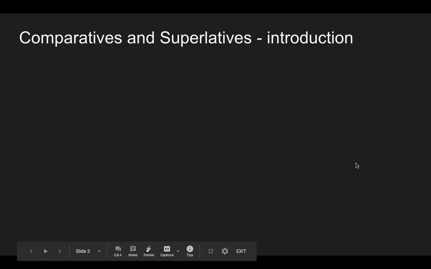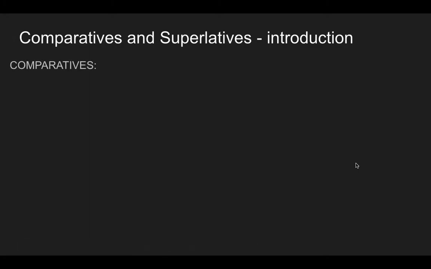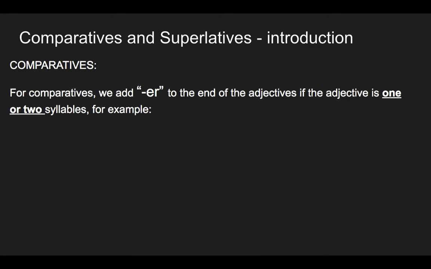Next thing, when we're making comparatives, you saw the example there, bigger, taller. We add er to the end of the adjective if the adjective is one or two syllables. So shorter adjectives. Big, bigger. Tall, taller.